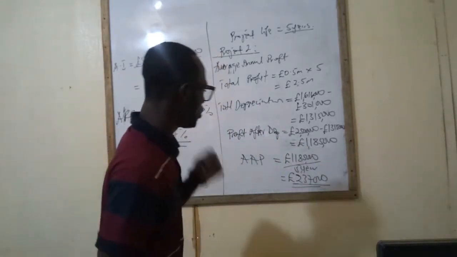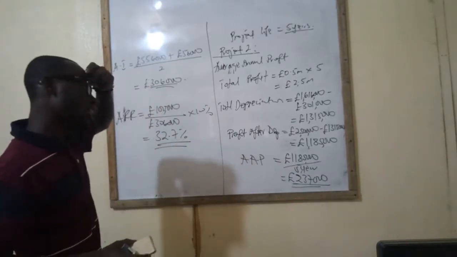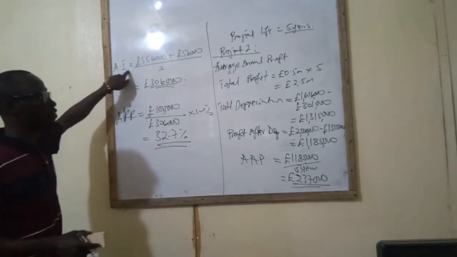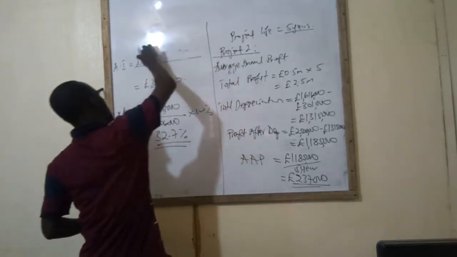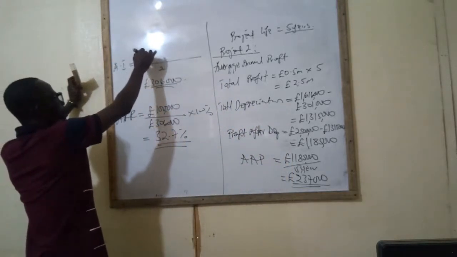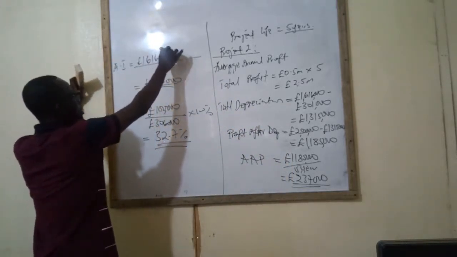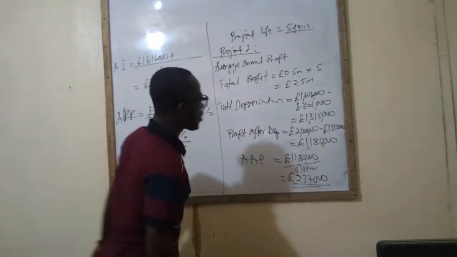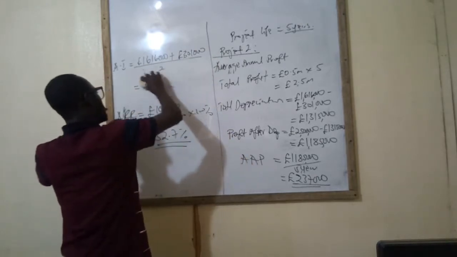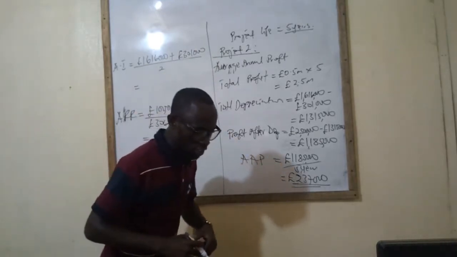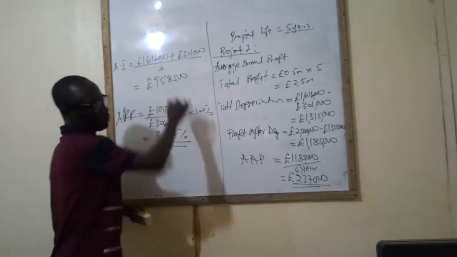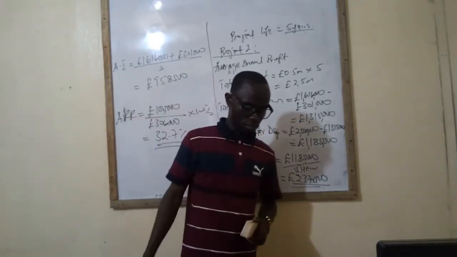So after looking at the average annual profit, the next thing we look at is the average investment. And so for the average investment, we ask, what is the cost of the asset? And we know it to be 1,616,000 plus the scrap value, which in this case is 301,000. So when we divide by 2, we're going to get an average investment of 958,500 pounds.